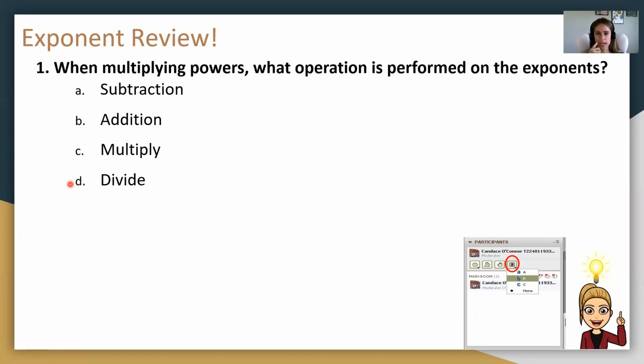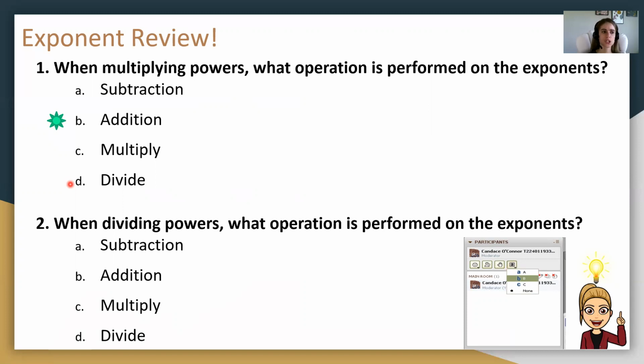If you don't know the answer, take a moment and pause the video so you can think of it or go back and find it in your notes before I reveal the answer to you. It is addition. If you notice that you have two powers being multiplied together and they have the same base, you can simplify them by adding the exponents.